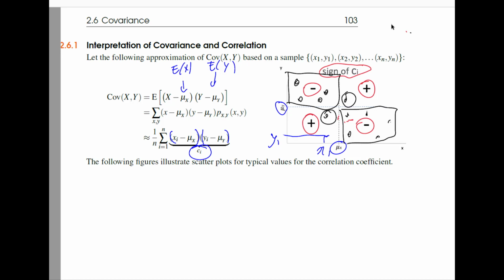You can say that most likely the covariance would be negative in this case, because again, most points fall in these two quadrants. And of course, conversely, if they fall mostly in the positive quadrants, then the covariance would be positive. So that's the intuition of the covariance: based on the quadrants where they fall, that should tell you what the sign of the covariance is.